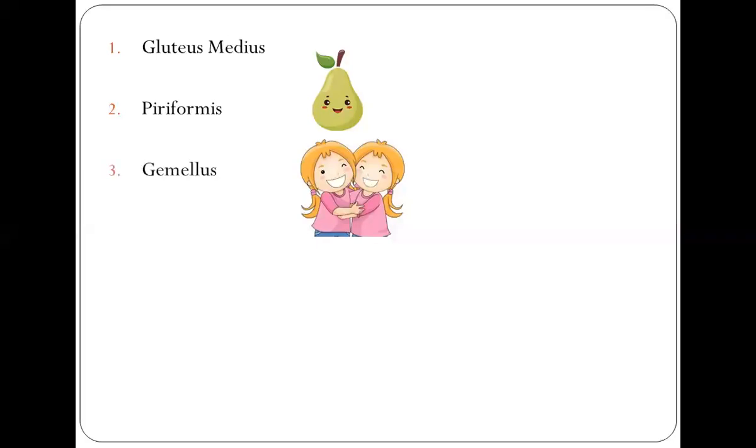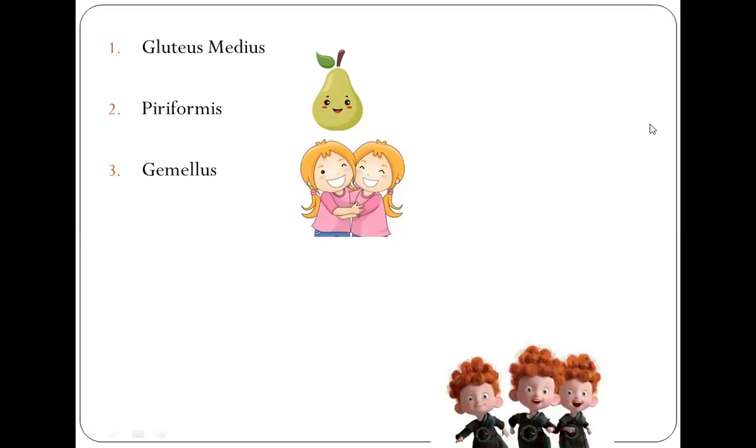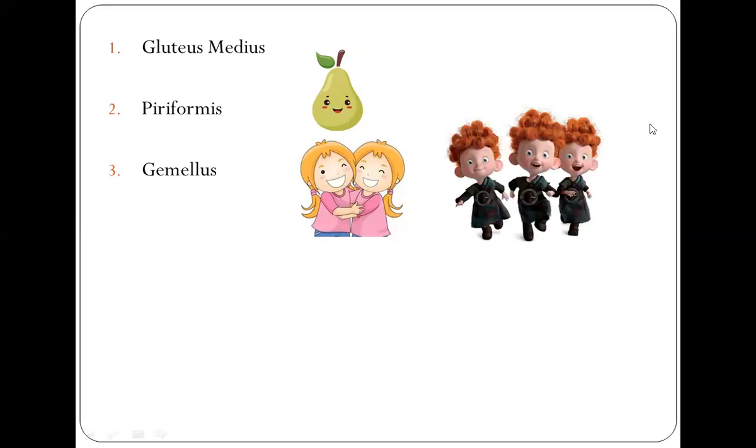So there are two muscles which are called the gemelli. There is the superior gemellus and the inferior gemellus. But once you take a closer look at these two structures, you realize it's not two, but it's actually three in number. That's called the tricipital tendon.